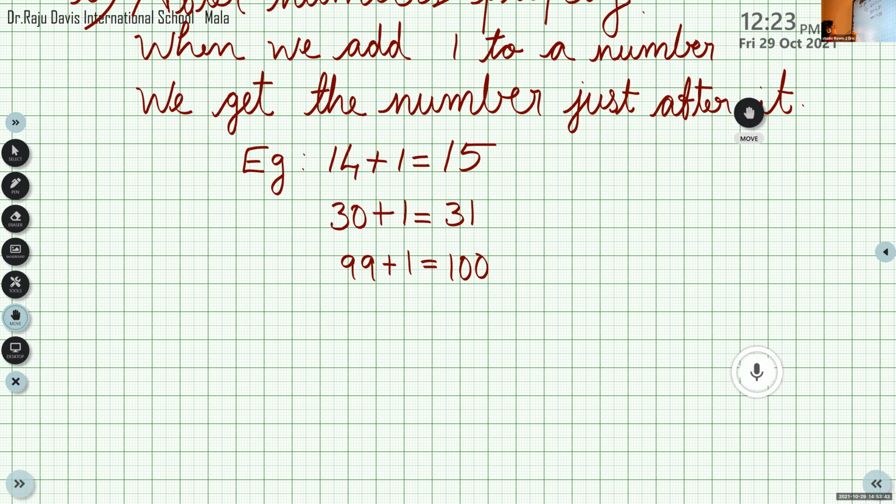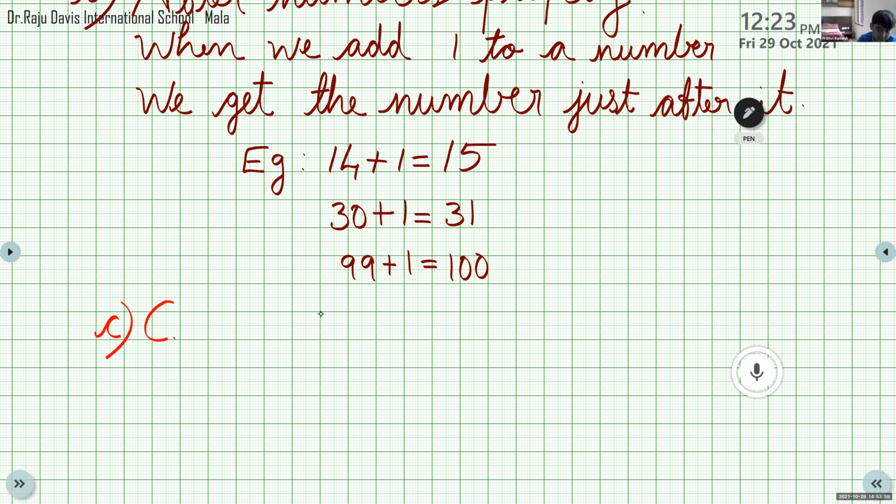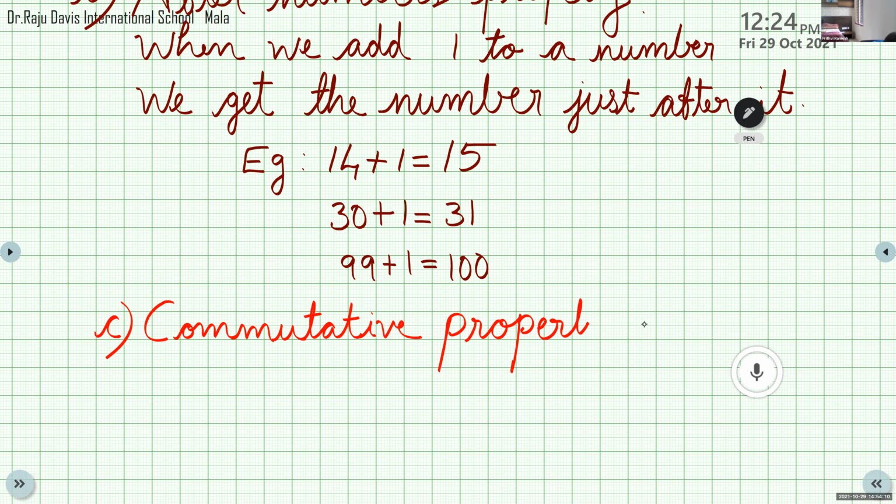Next point is C. Commutative property. Please write.